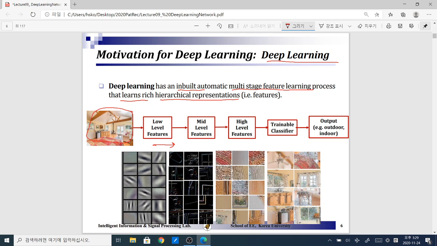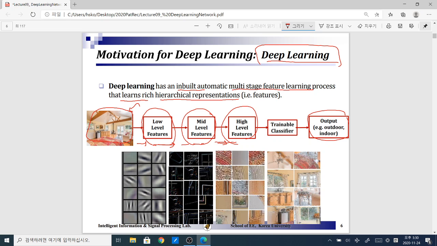For example, if you have an image like this, and let's say the purpose is, once again, a binary decision of outdoor versus indoor, then this deep learning model has a multi-stage feature process, starting with low-level features, to mid-level, and then high-level features. It goes through this sequence of representations where the low-level features would be an abstraction of the original data, and the mid-level feature would be an abstraction of the low-level feature, and so forth, as it progresses toward the trainable classifier.